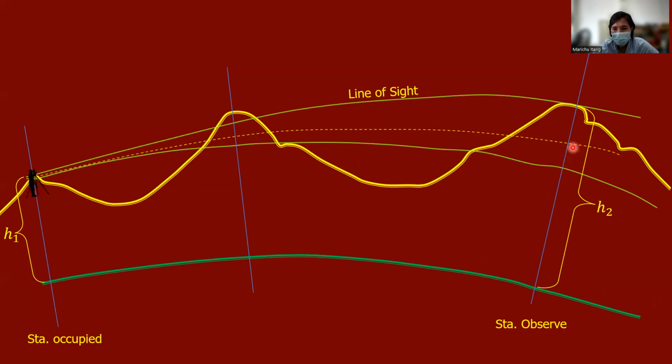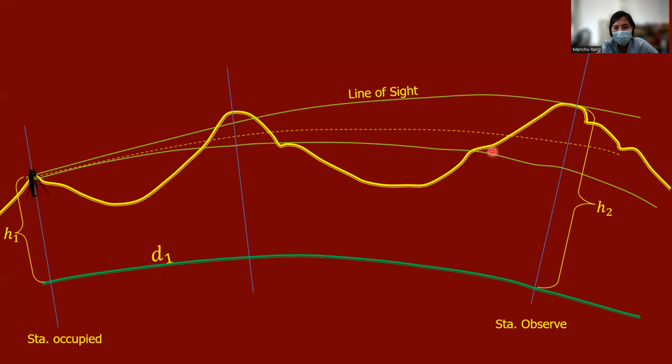So this value here from the mean sea level until doon sa line of curvature, from this point in here, that is our combined correction due to curvature and refraction. This one here also is our combined correction for this distance. And from here is the combined correction for this whole distance.